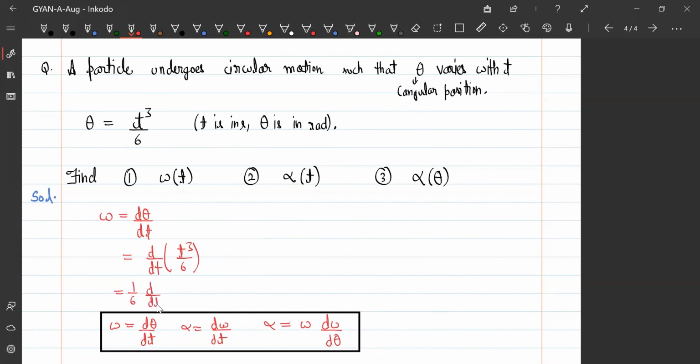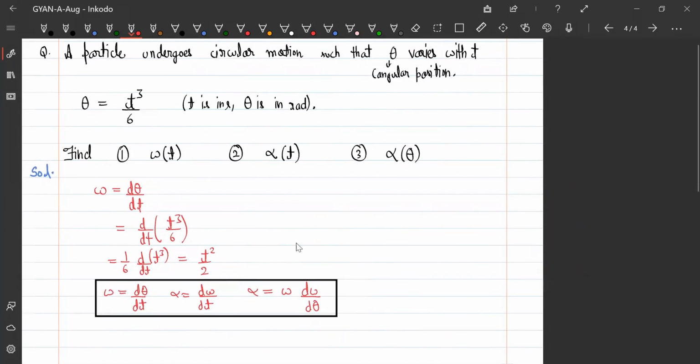Constant बाहर आ जाता है अगर multiplied होता है तो. What is differentiation of t cube? Sir, it's 3t square. So 3 और 6 cancel out होके 2 हो जाएगा. So omega is t square by 2.